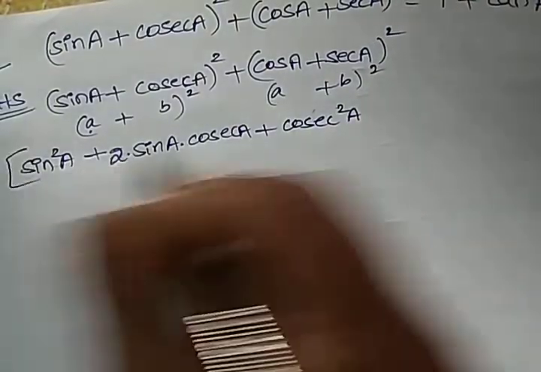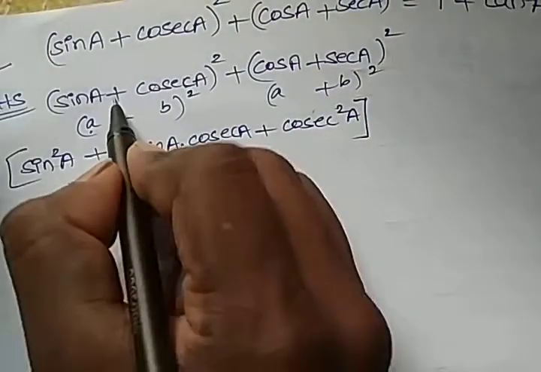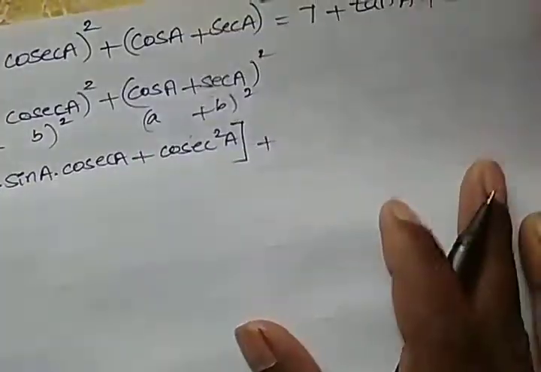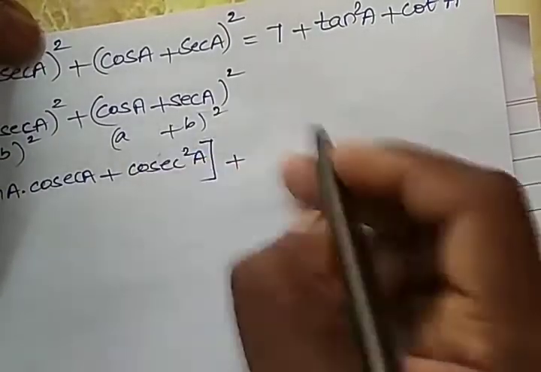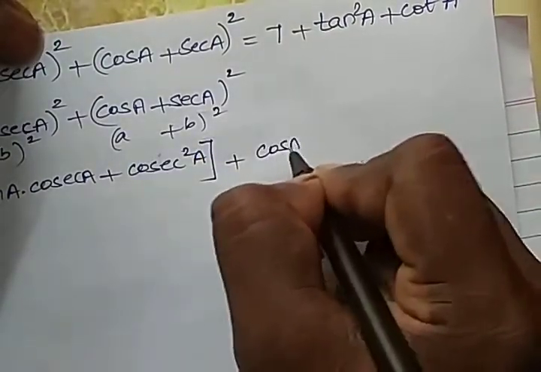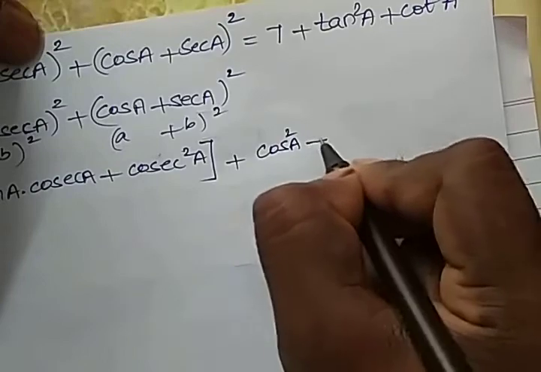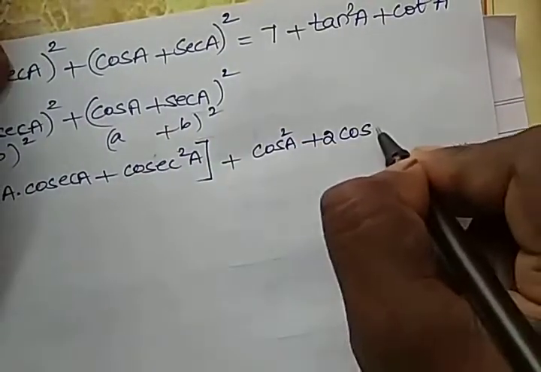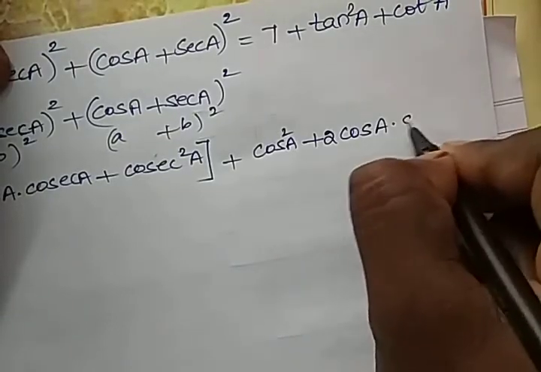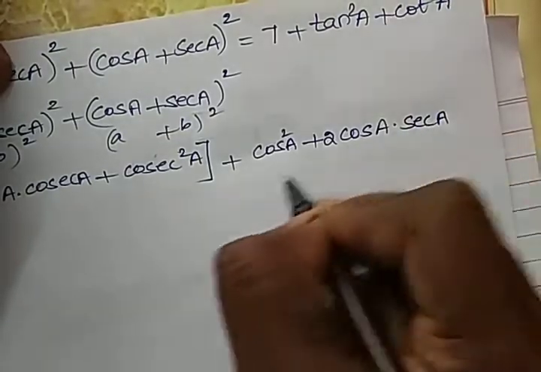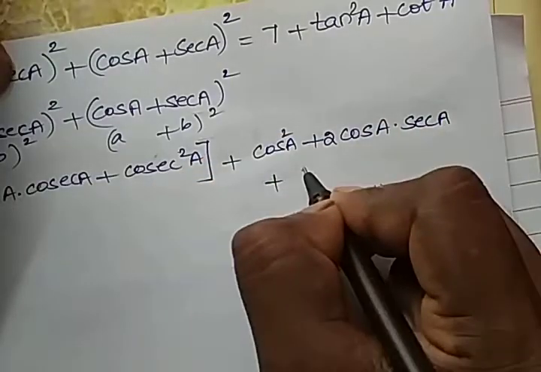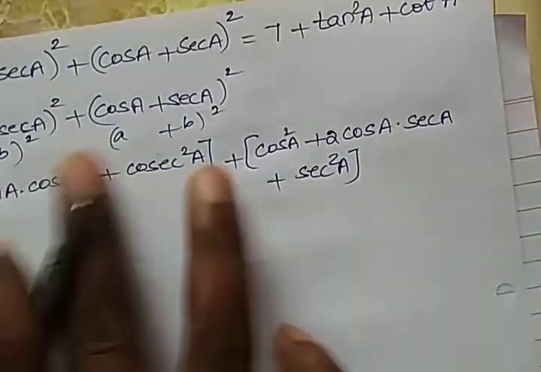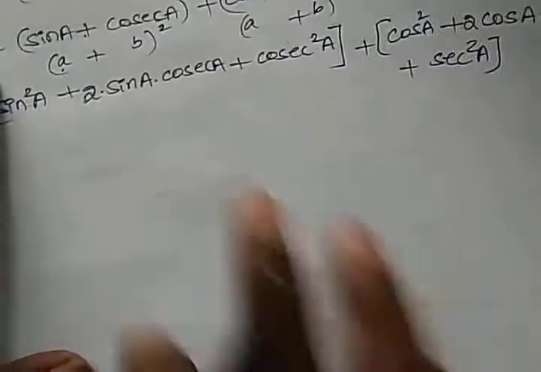So this is the expansion of the first bracket, plus second bracket, also same identity, cos square a plus 2 into cos a into secant a plus secant square a, which is b square. So this is the expansion of both the brackets.